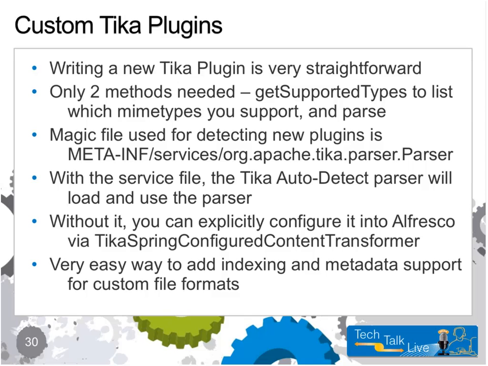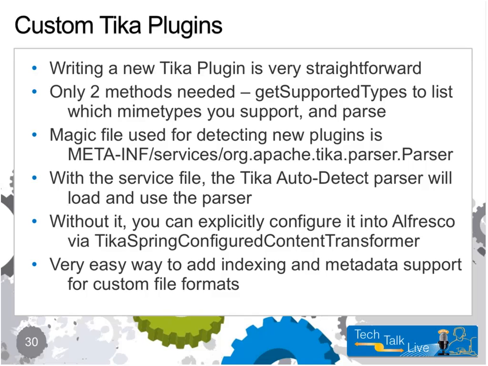So one option is that you put in that service file, Tika will detect it and everything will work automatically through the auto plugins. Or if you want more control over it, for example, if you've got some special custom mappings that you need to apply to the content transformation, you can define a bean which is the wonderfully mouthful titled Tika Spring Configured Content Transformer or Tika Spring Configured Metadata Extractor.